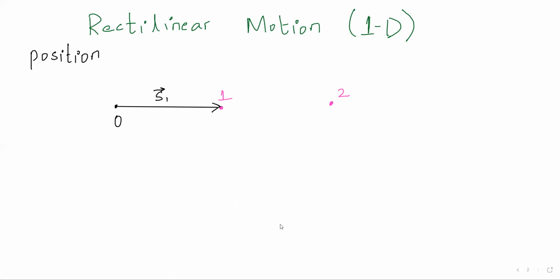And let's say, okay, now if I have to talk about the position of point 2, I want to make a position vector. So from where should I start? From where? Origin, yes. Whoever said that is correct.